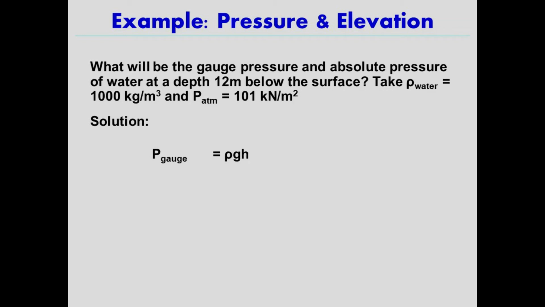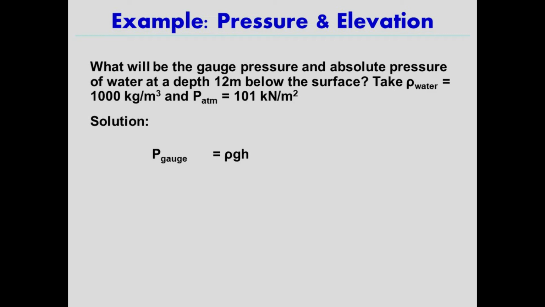Okay, let's start with some examples. The easiest one: what will be the gauge pressure and absolute pressure of water at a depth of 12 meters below the surface? Take the density of water as 1000 kg per meter cube, and the atmospheric pressure is 101 kilonewton per meter square.